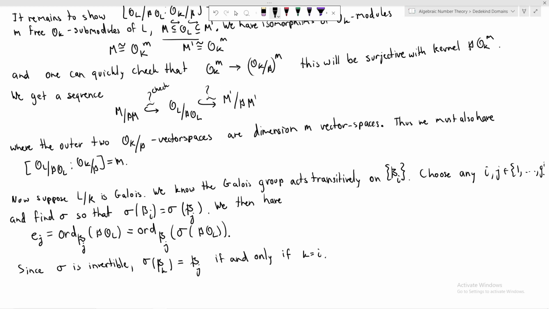So if you had another prime ideal that mapped to P sub j, you could essentially apply sigma inverse and find that that ideal had to be P sub i.